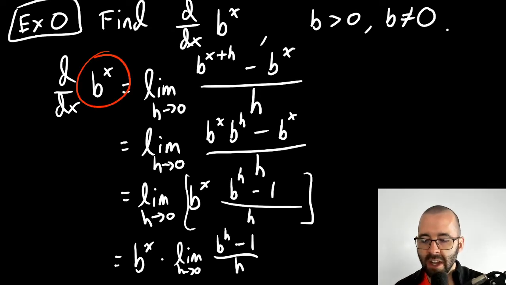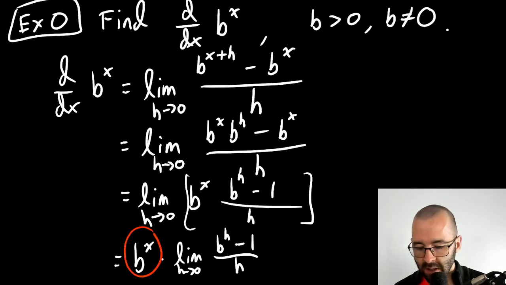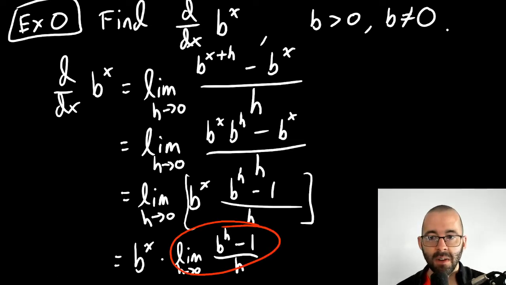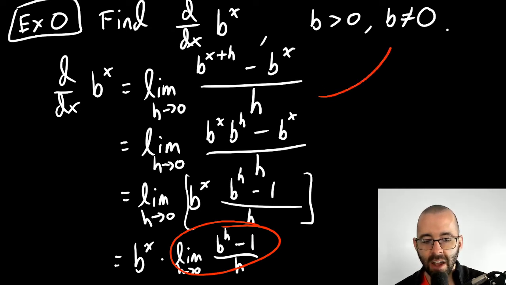The derivative of an exponential function is that same exponential function times a number, right? It doesn't matter what x is. If we're looking at an exponential function, our slope is just the function value, b to the x. It's just the exponential function times some constant that has nothing to do with x.